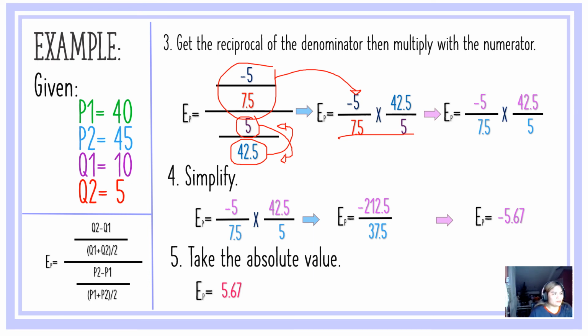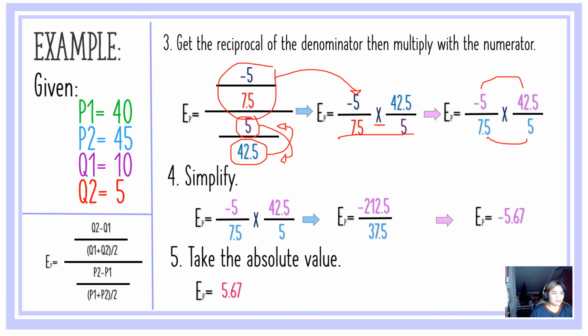Since we're going to reciprocate this, we are going to multiply them. We're no longer going to divide. So it will be 42.5 divided by 5. You multiply the numerators and the denominators: negative 5 times 42.5 and 7.5 times 5.